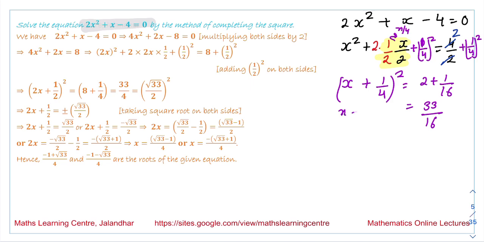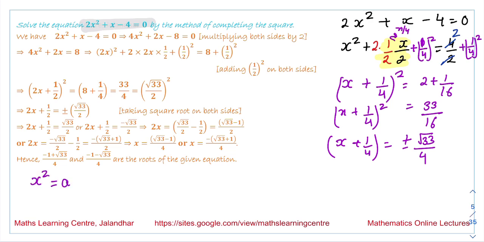This is the value of (x + 1/4)². So x + 1/4 is equal to ±√33/4. Why is it so? We are saying when x² equals a², it means x can be a or x can be -a.